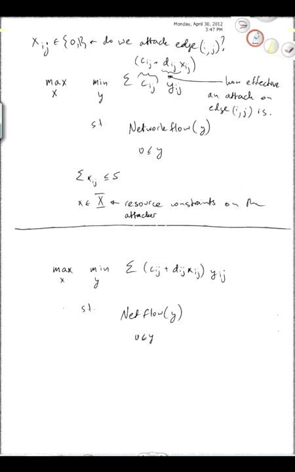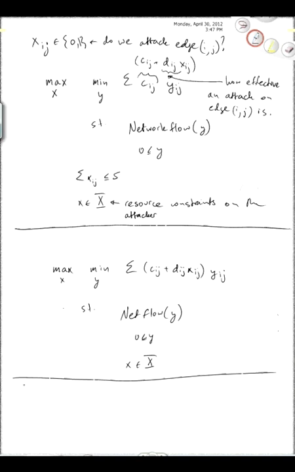The y variables have to be bigger than or equal to 0. And then we also have some resource constraints on the x variables. So that's the basic idea of us attacking, but let's be very exact on what this means.